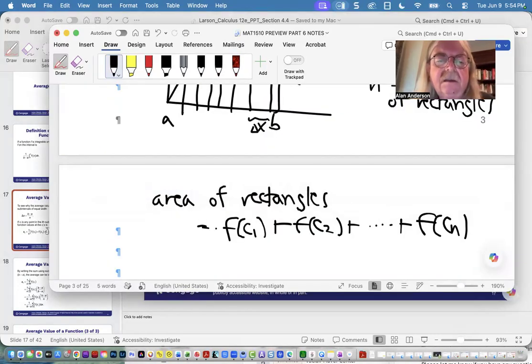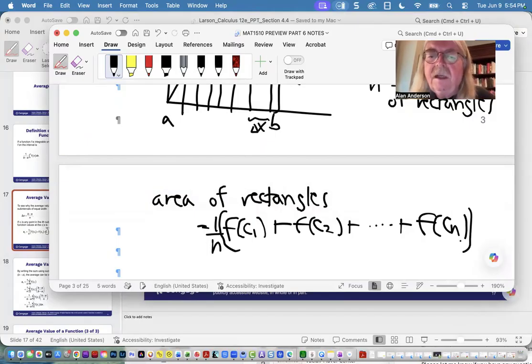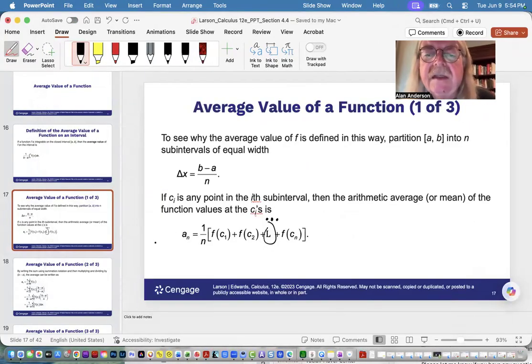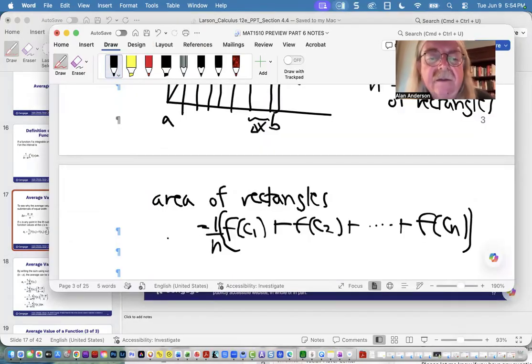Okay. Now they're calling this A_N to indicate that A is a function of the number of rectangles.